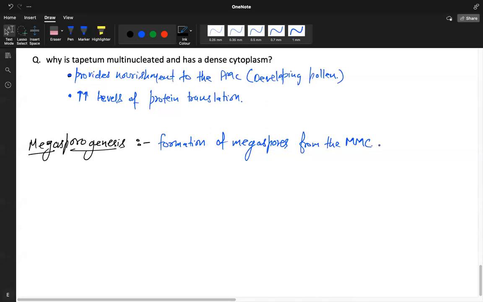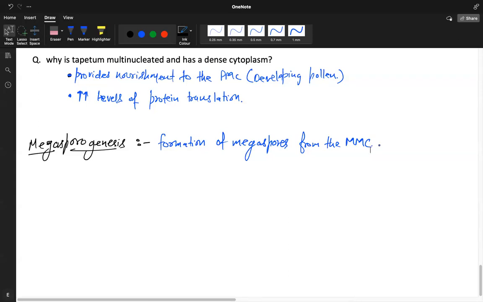Sporogenous tissues, here we also call them the same sporogenous tissues. They divide meiotically to form a megaspore tetrad. But instead of all 4 cells of the tetrad developing into an ovule, only one cell of the tetrad develops into an ovule.